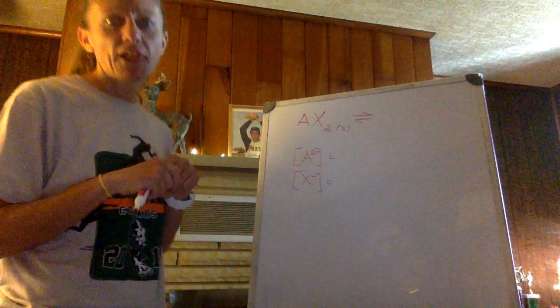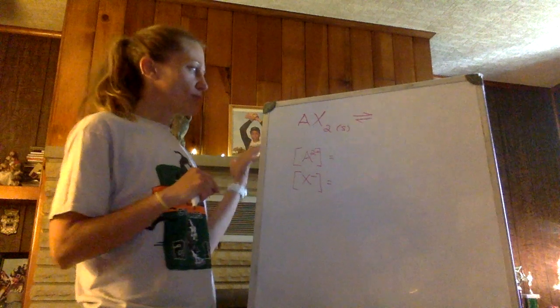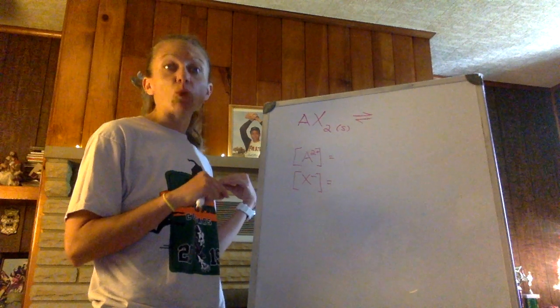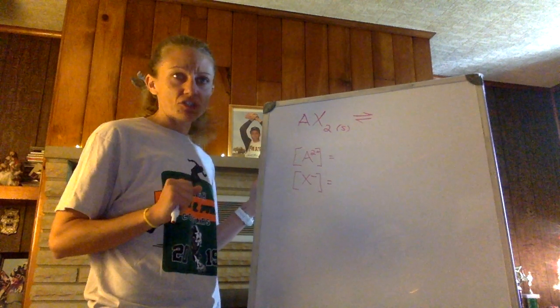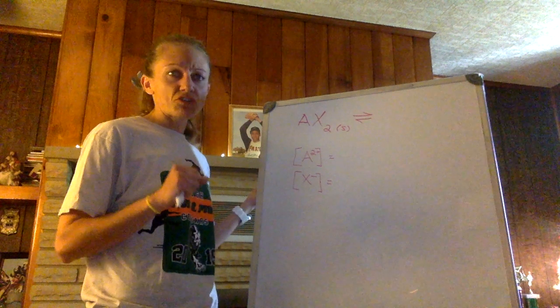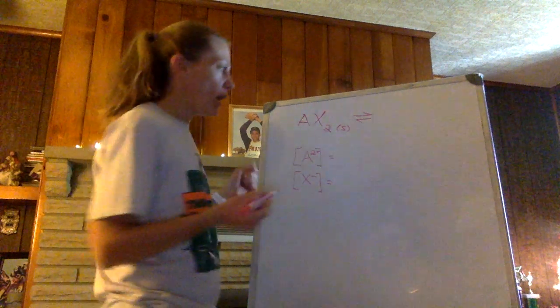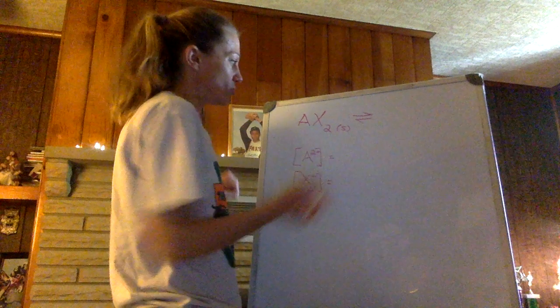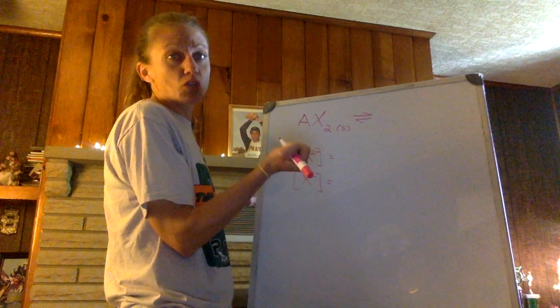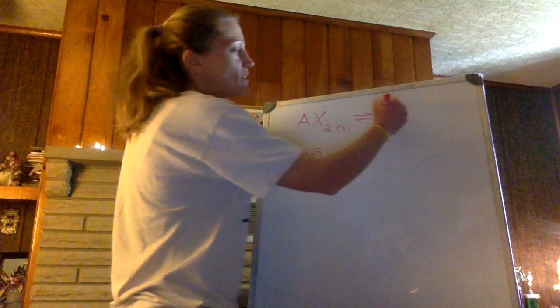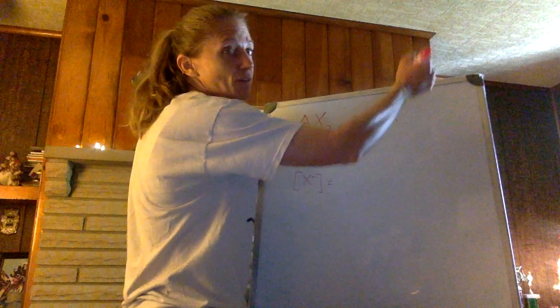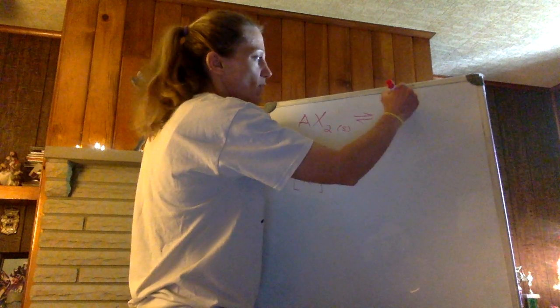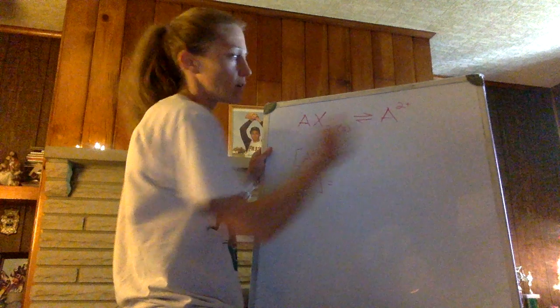So let's look at this. If I'm talking about a solubility equilibrium for AX2, it's a solid, but I'm telling you it's going to break down. Since it's X2, we'll say that X is a halogen. If it's something like magnesium, you're going to know it's a 2 plus charge.